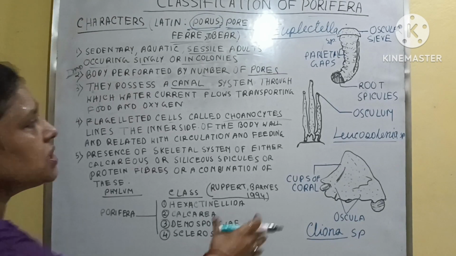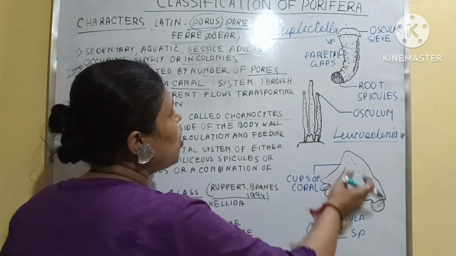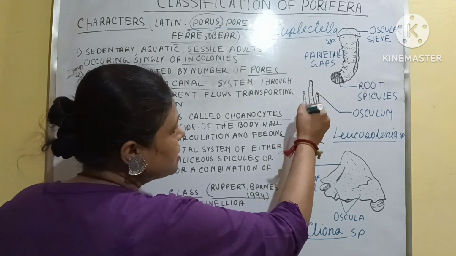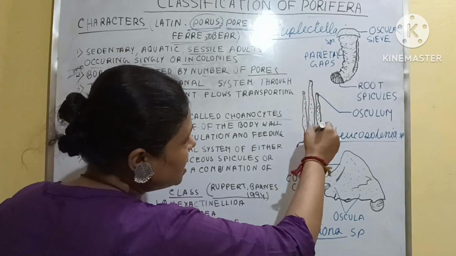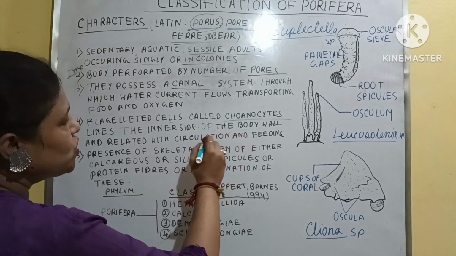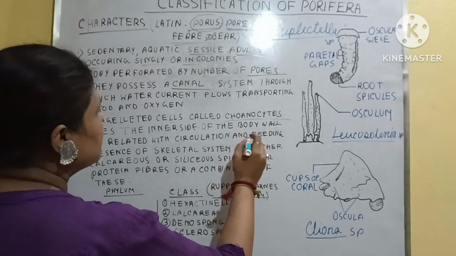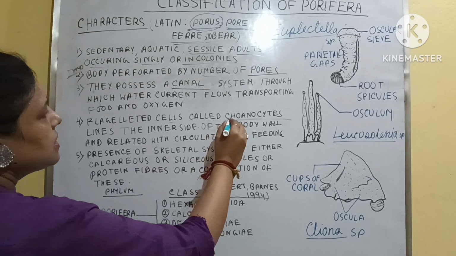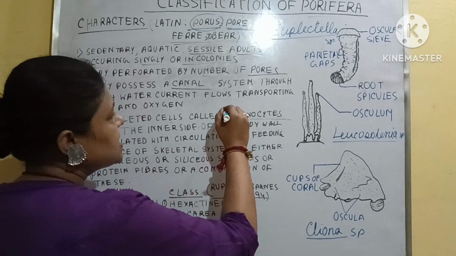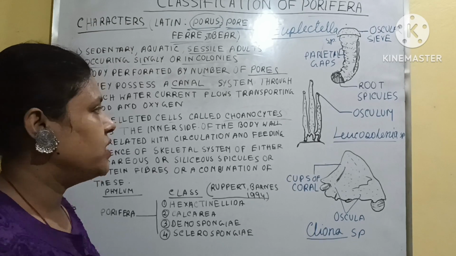You can see the outer wall is just like a rigid structure, or you can say it is non-living just by seeing it. But within this rigid structure there is a soft part, and this is the inner wall, and within this inner wall there are cells. These cells are the choanocytes. Due to the presence of the cells, these are living.